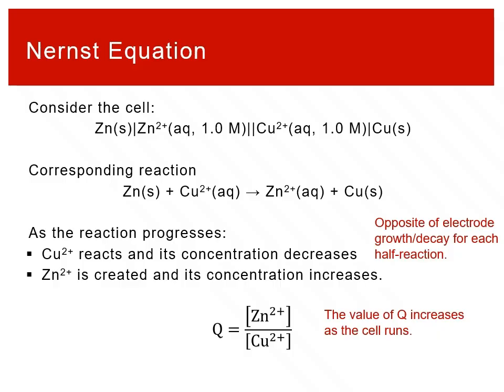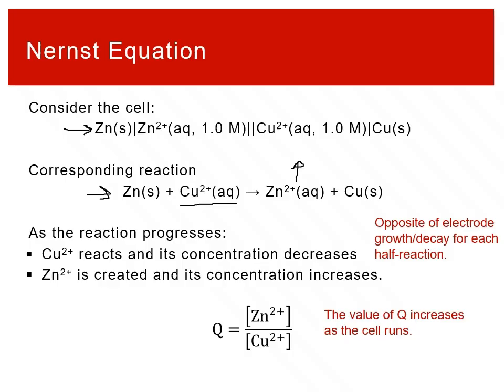And so when we have a cell, say our cell in notation, we can come up with the reaction. And when the cell discharges, when electrons are flowing, what that would mean is the reaction occurs, and more importantly, this reactant ion would decrease in concentration, and this product ion would increase in concentration, right?